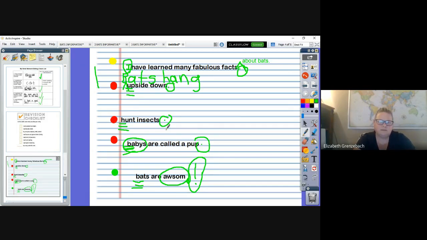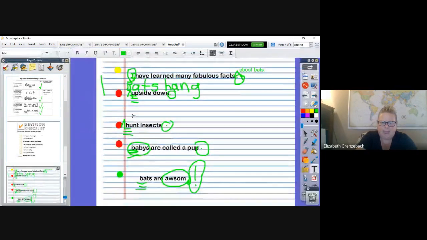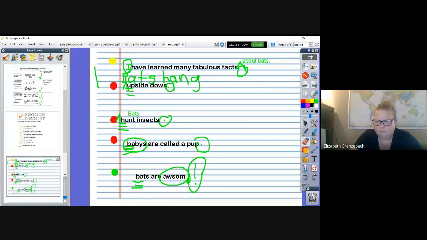Hunt insects. To make this sentence whole, we need the word bats. So here's my caret. Bats hunt insects. Let me clear this up for everyone so it's not so messy.